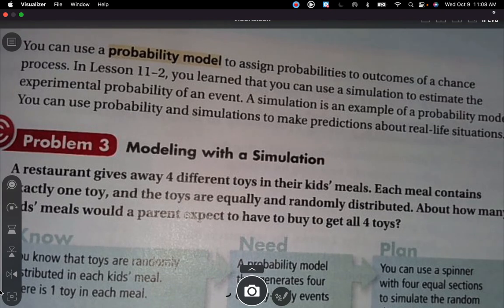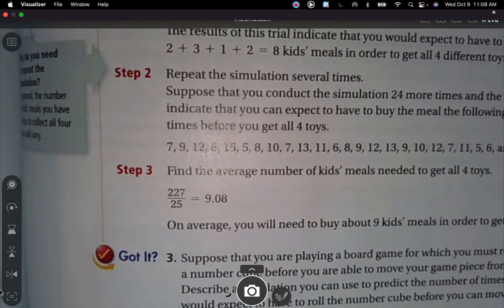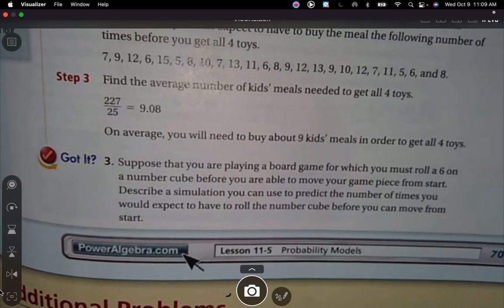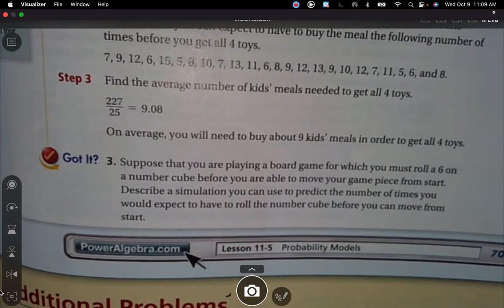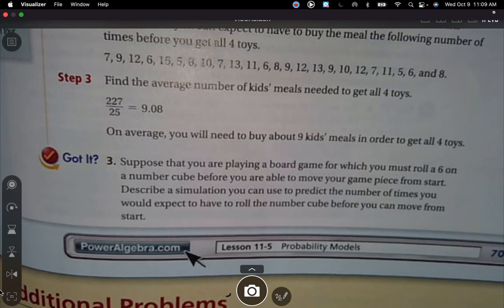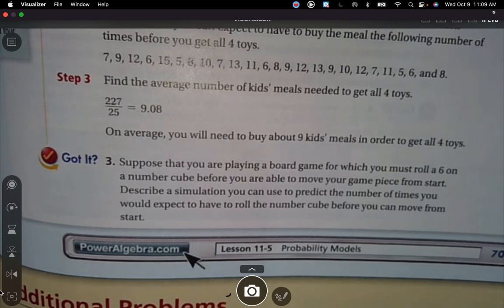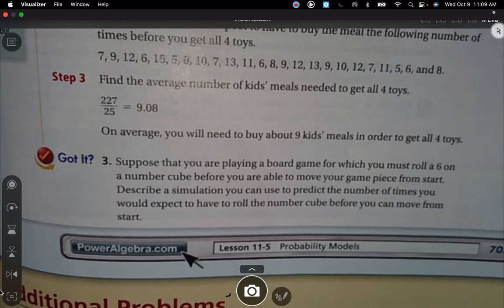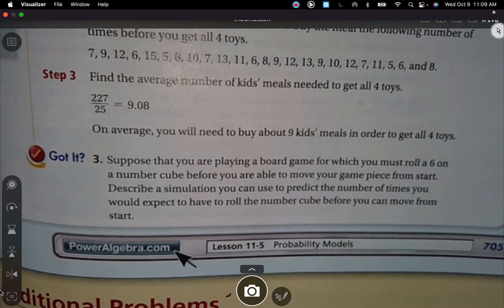Okay. All right. So let's just look at this one. It says, suppose you're playing a board game for which you must roll a 6 on a number cube before you're able to move your game piece from start.